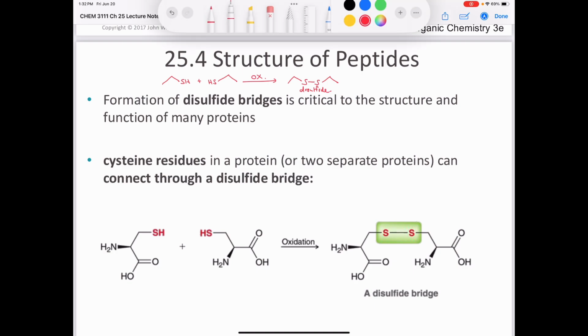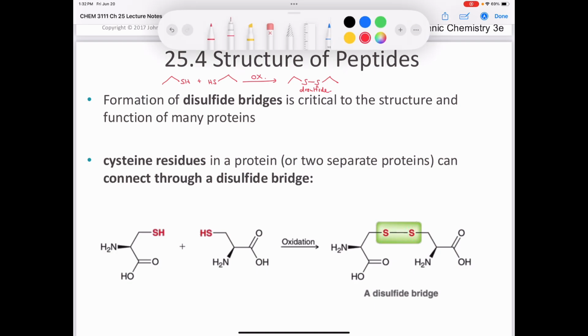And this molecule that you see down here with the disulfide bridge actually has a name. This is cystine. So we take cysteine residues and join them together and we make cystine. Disulfide bridges are commonly observed in proteins.